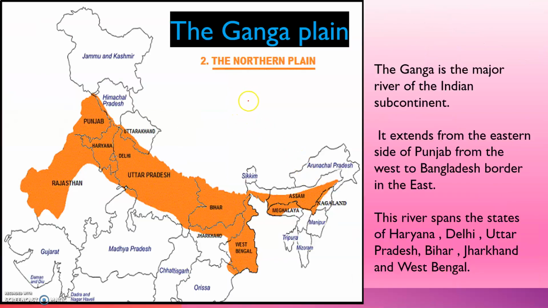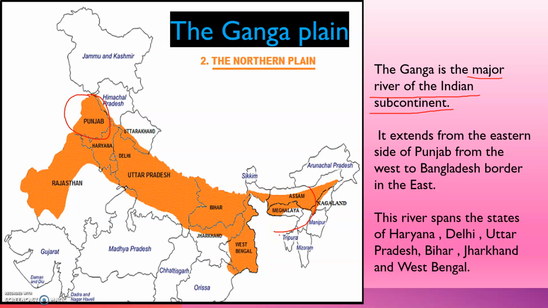Next, let us see the Ganga plain. The Ganga is the major river of the Indian subcontinent. It extends from the eastern side of Punjab in the west to the Bangladesh border in the east.